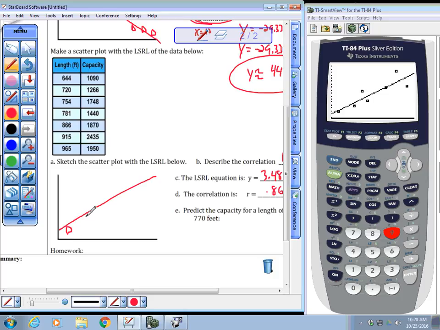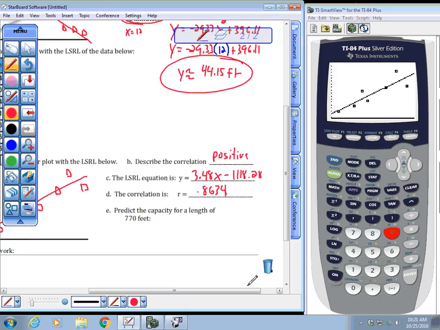Draw the line first. And then put the points of data according to the screen you see. The last thing is we're going to put 770 in for x.